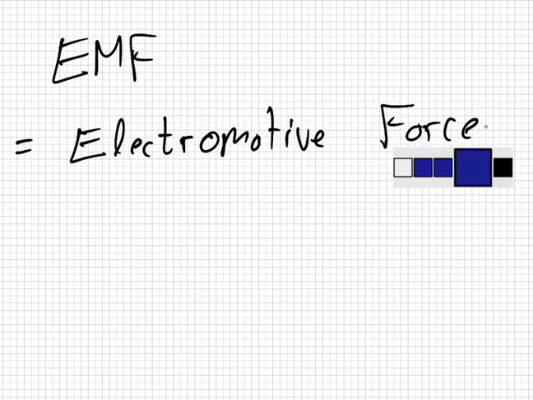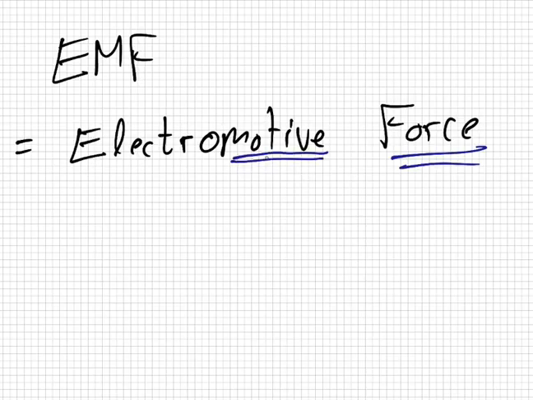Okay, English time. So, force. Sorry. Force, we know what force means. What does this suffix mean? What does motive mean? Movement and motion. So this one here means move. And what do you think electro is?